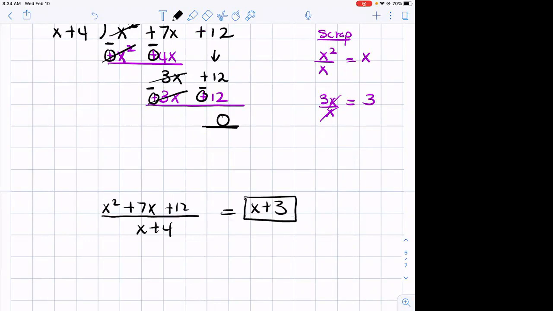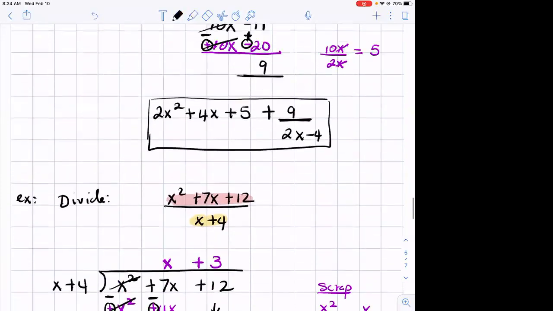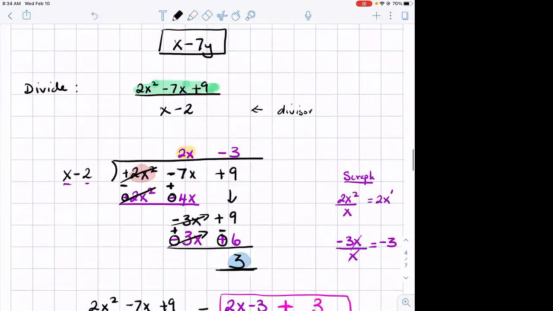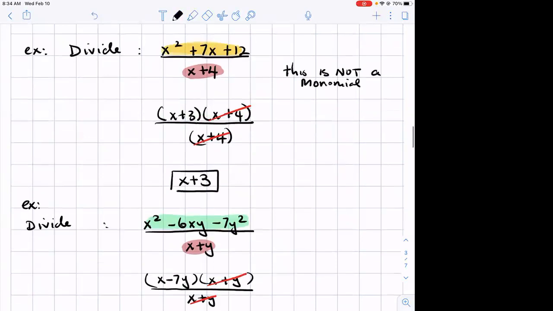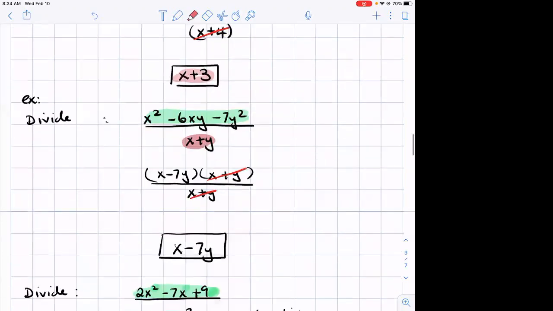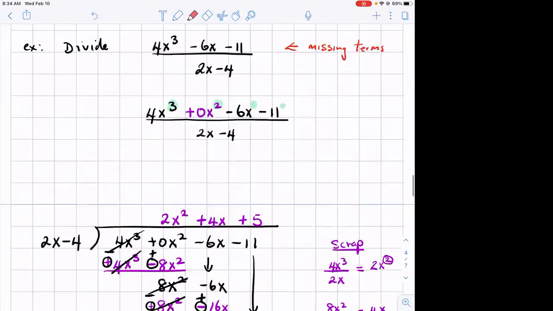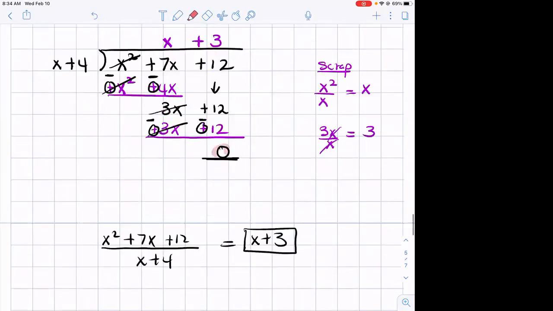And notice that this is exactly what we had when we did our very first example. Okay, the answer here, x plus 3. And we knew that this could have been factored because when we do long division, we have a 0 remainder. So anytime you have a 0 remainder, it just means that polynomial has been factored. That's all it implies.